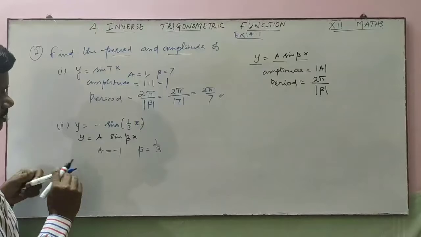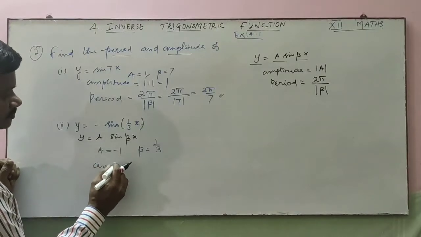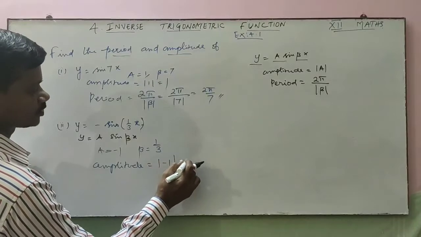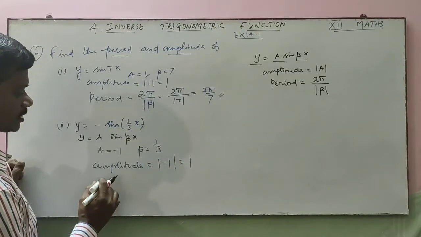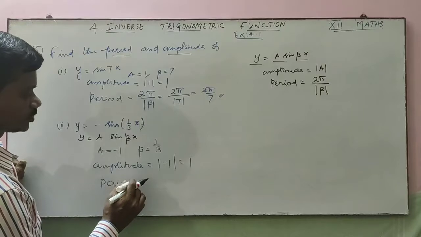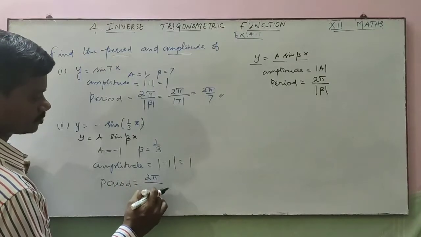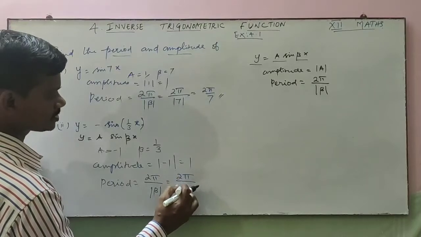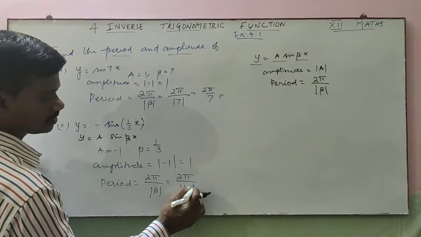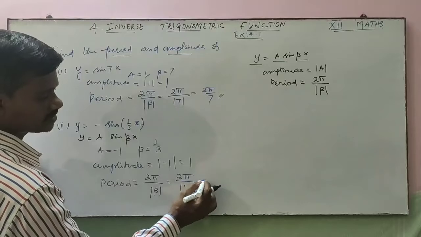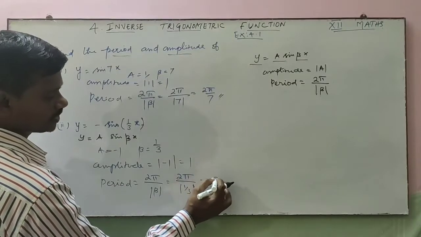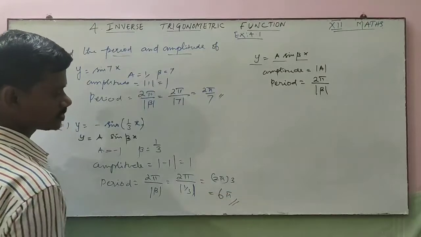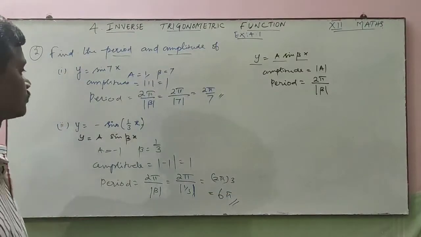So the amplitude is modulus of minus 1, which gives plus 1, and the period is 2 pi by modulus of beta, that is 2 pi by modulus of 1 by 3, and the reciprocal of 1 by 3 gives 2 pi into 3, which is 6 pi. So this is the period of the second sum.